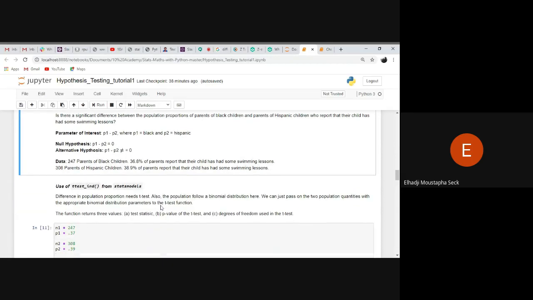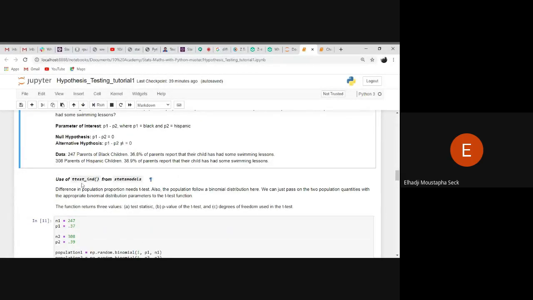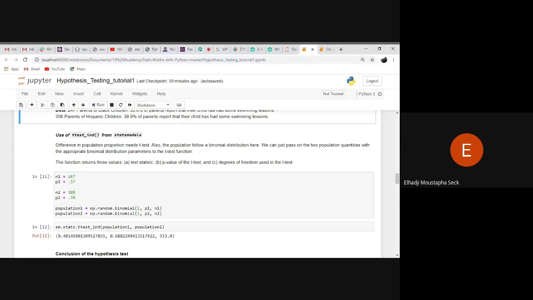So let's conduct a two sample t-test to see. You realize that here I want to compare two different things. I have the total number of parents of Black children, and this is the proportion. This is the total number of Hispanic children, and this is the proportion. So I simulated a binomial distribution based on these proportions and the number of parents.